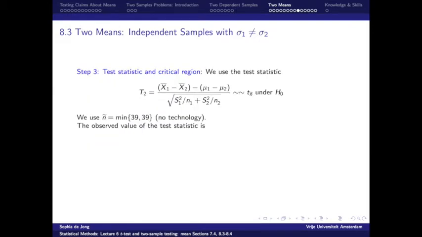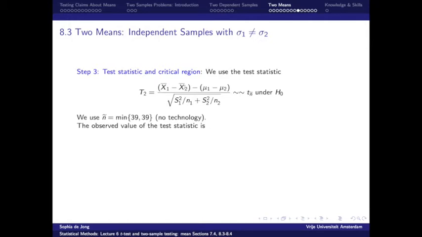Because of our assumption that sigma 1 is unequal to sigma 2, we use this test statistic. We approximate the degrees of freedom by the minimum of n1 minus 1 and n2 minus 1, which is both equal to 39. Which means that this test statistic approximately has a t-distribution with 39 degrees of freedom under the null hypothesis. We can now compute the observed value of the test statistic.